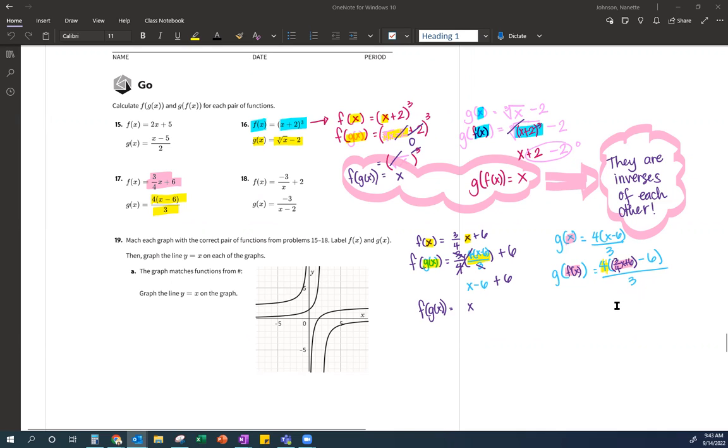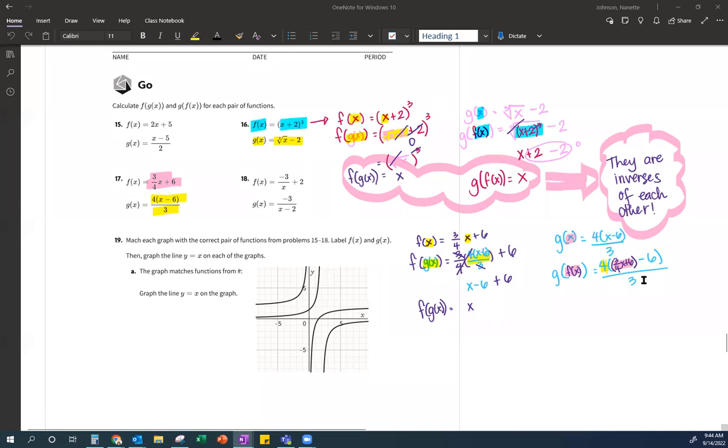Hold on a second. I'm sorry. I said that the plus 6 and minus 6 don't get to play together because we have to multiply this 4 first, and that's not true because this 4 is being held by this parenthesis, but that's inside of it.